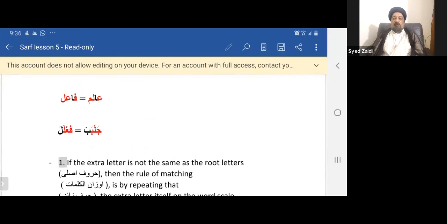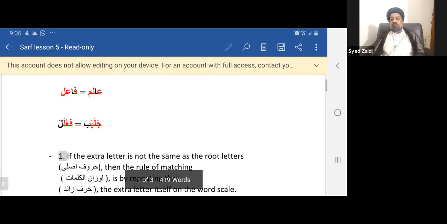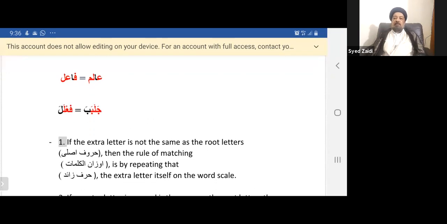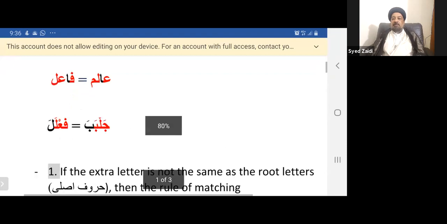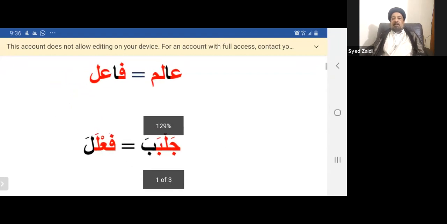And then in the other instance, you see the word jalbaba. In this word, I've made the last bar black. Why? Because the previous bar that you see on your screen is harf asli, and the last bar is harf zaid.